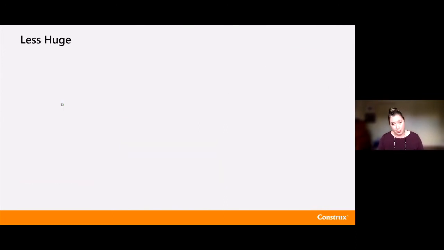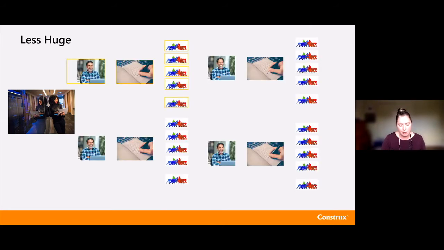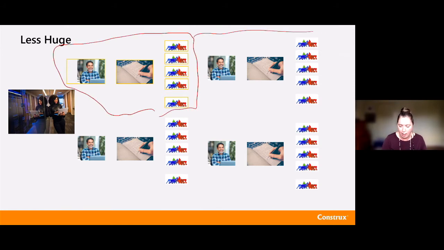So Jenny, I'm bigger than 8 teams. What do I do now? So if that's the case, you're going to move into what's called LeSS Huge. And here we're going to establish a chief product owner, or we're going to establish a product owner, a single person who's responsible for everything. And then each LeSS unit, so these are the individual LeSSes, will have what's called an area product owner.